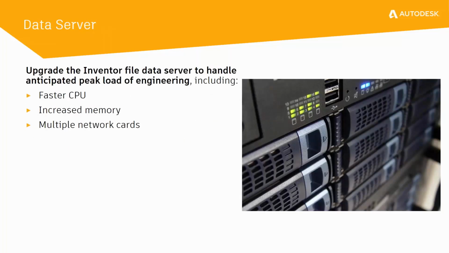When it comes to the data server, if you're having potential issues accessing information on your server, then upgrading the Inventor file data server to handle an anticipated peak load of the engineering department could include a faster CPU, increasing the memory allocation, or adding additional network cards.